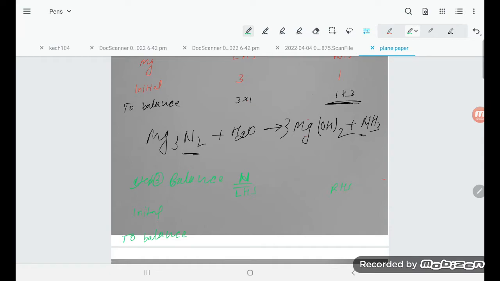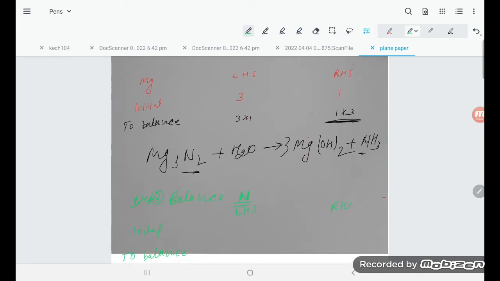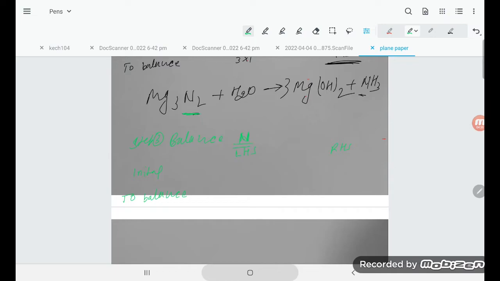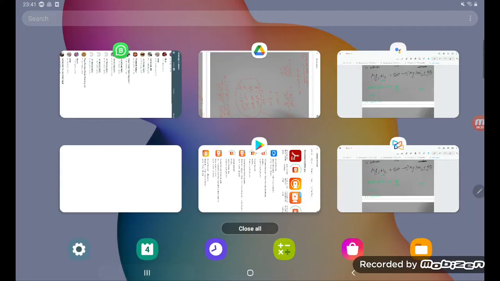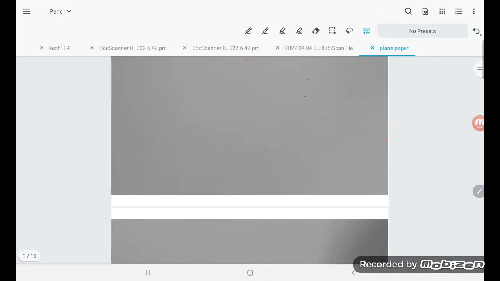Here 2 and on this side only 1. Keep that in mind.